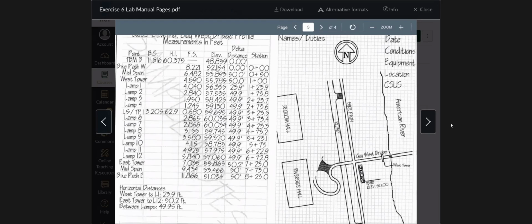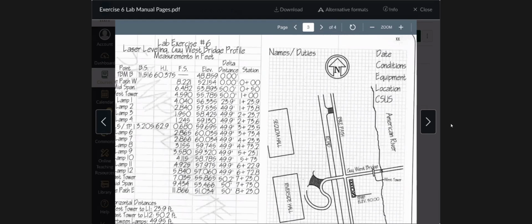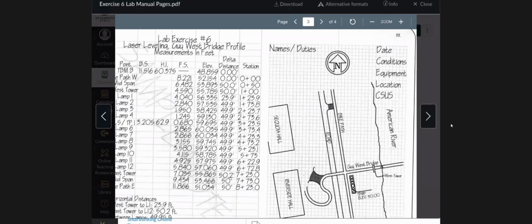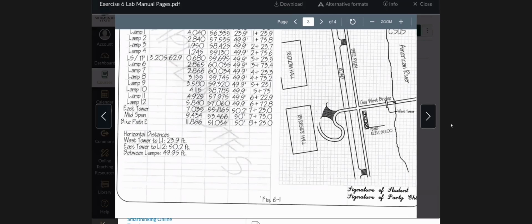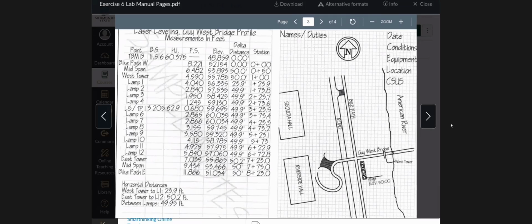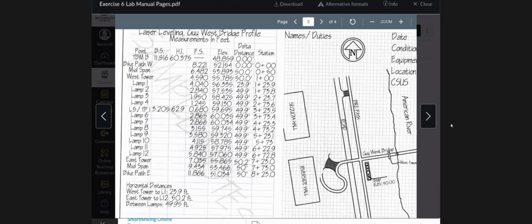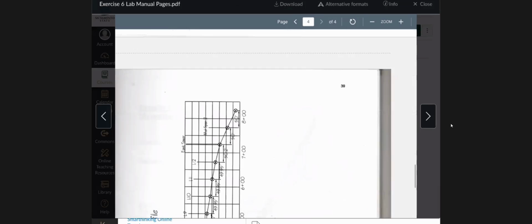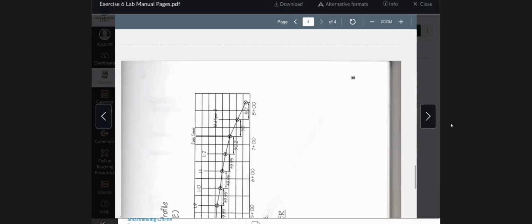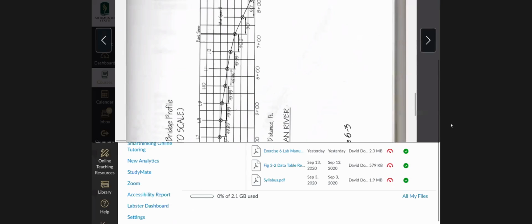So for your assignment this week, you will submit figure 6-1 with the sketch on the right and the data table on the left. Okay. And let's talk a bit now about what your profile drawing is going to look like. Okay.